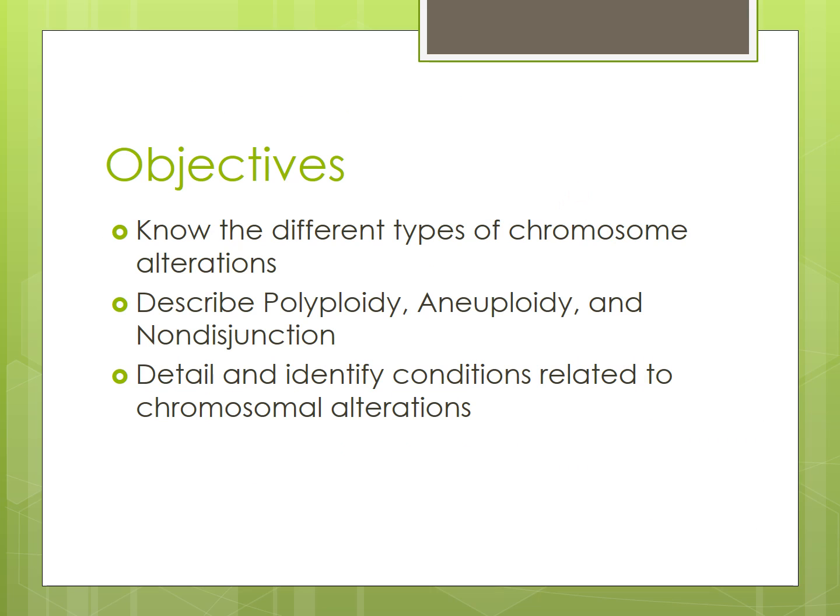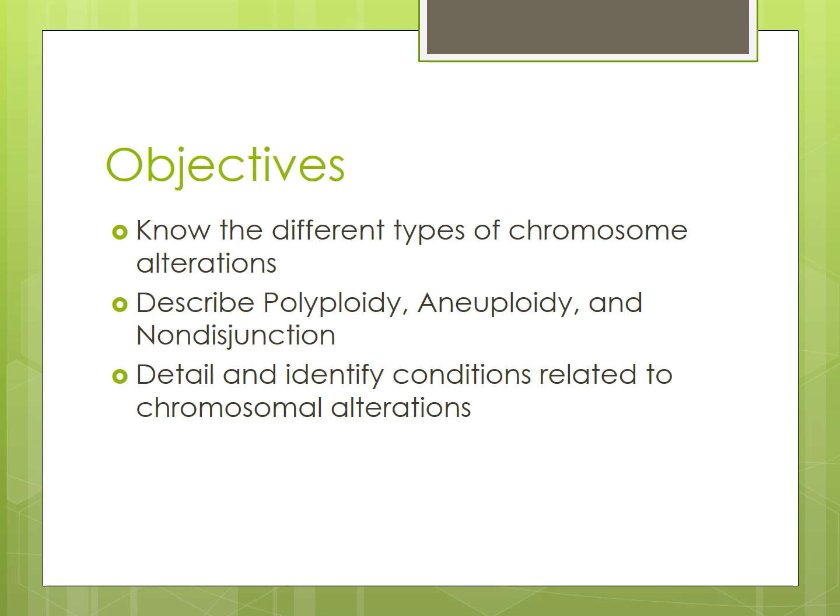So that is the end of this third lecture. So you should be able to know the different types of chromosomal alterations. You should be able to describe polyploidy, aneuploidy, and non-disjunction, and really be able to explain how non-disjunction leads to those trisomies or chromosomal uneven balance, especially trisomy and maybe the monosomy as well.